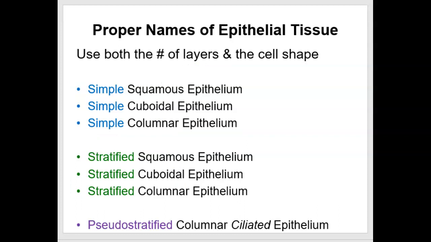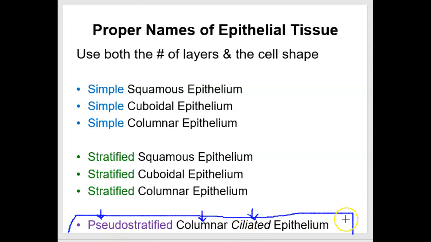And the last little type of tissue that I've alluded to as being different, it's in the trachea. We name based on the number of layers, but it's not really a number, it's pseudostratified. By cell shape, columnar. That's great. So that's what we have for the trachea. But in addition, if you see cilia, you have to write ciliated.